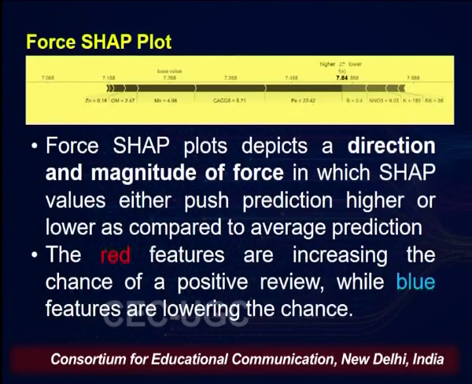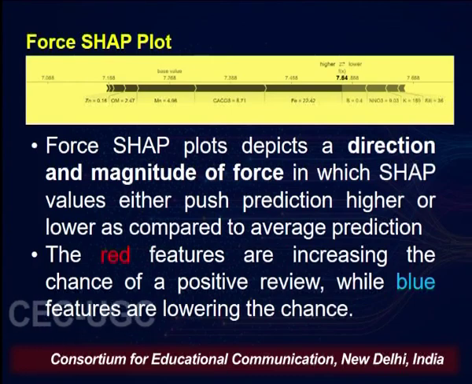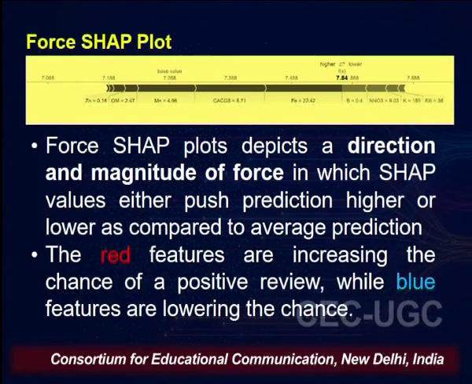Next is the force SHAP plot. Now the force SHAP plot is completely a horizontal plot, and here the direction and magnitude are important. So the feature values that are giving a negative impact will be shown in the negative direction, and if it is positive, then the direction will be towards the positive axis, and the magnitude is also shown.